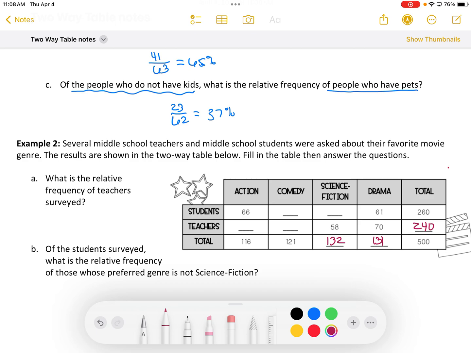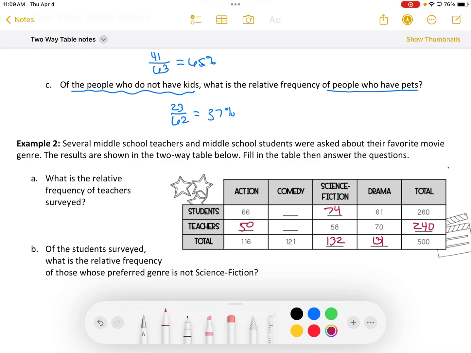Action, so for teachers, 116 minus 66 would be 50. We could do 132 minus 58 for science fiction, so that would give me 74. And then for comedy, for teachers, we could add 50, 58, and 70, and subtract that from 240.